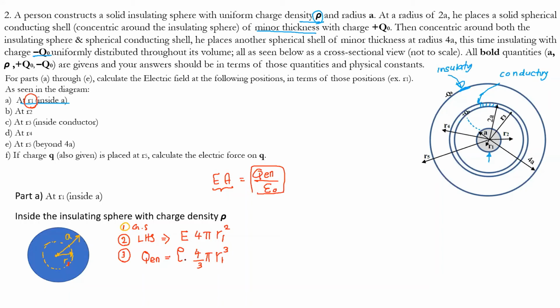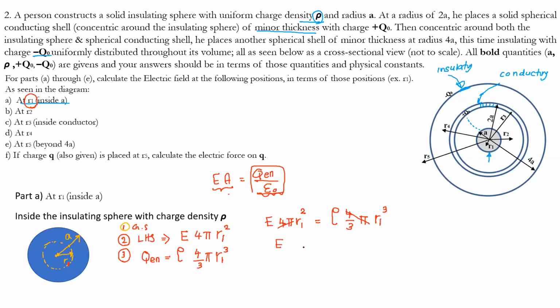So now it's just a matter of equating left hand side and right hand side. My left hand side is 4 pi R1 squared, and my right hand side is rho times 4 over 3 pi R1 to the power 3. 4 pi gets cancelled.